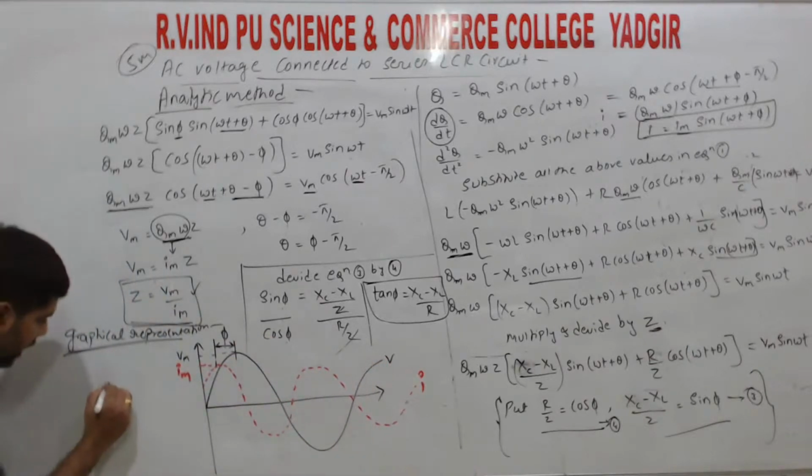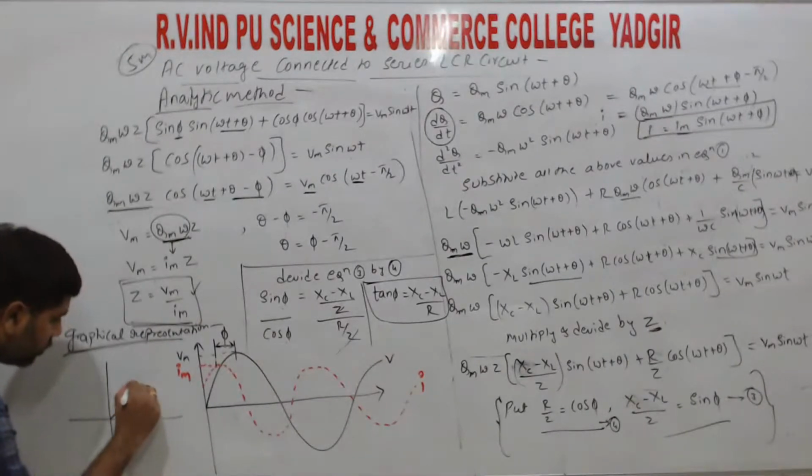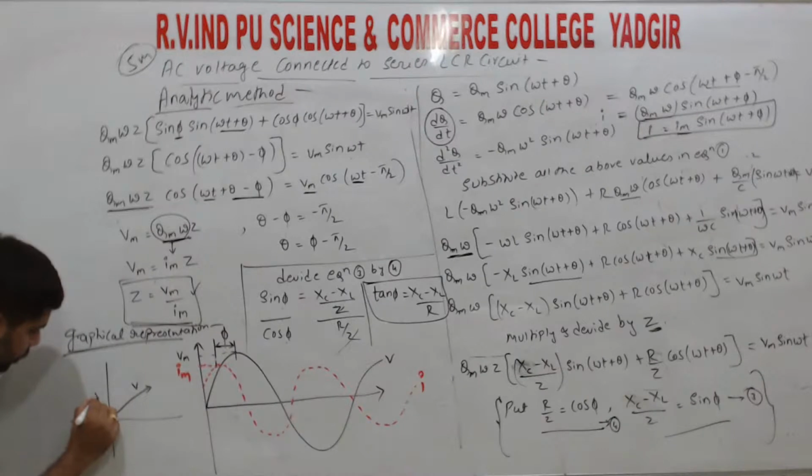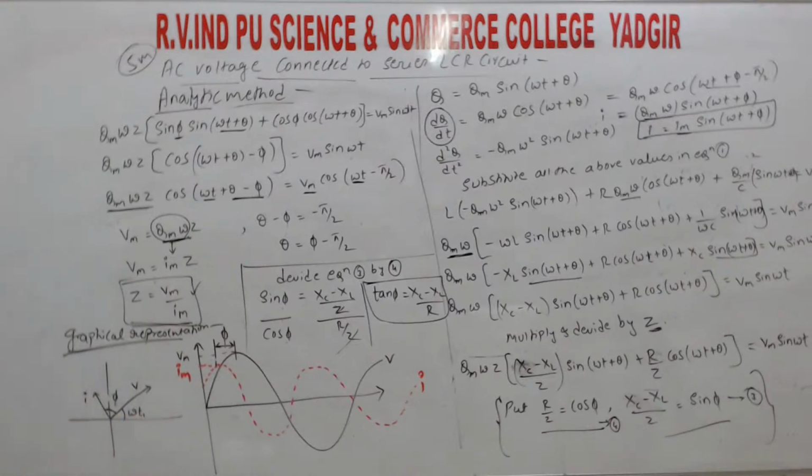In the phasor diagram, if you plot this, this is V, and here we have I, and this angle is the phase angle, which can be anything. This becomes omega t. This is the phasor diagram.